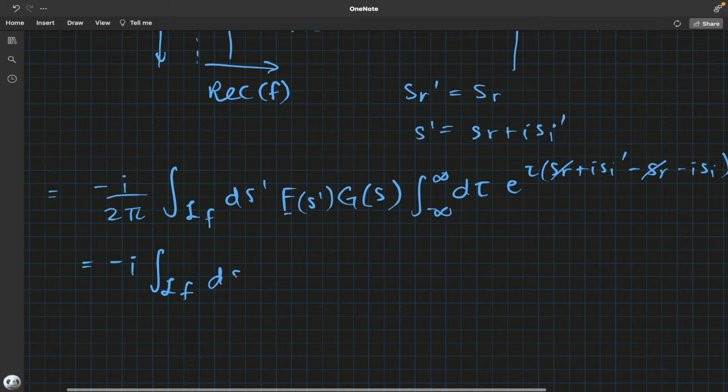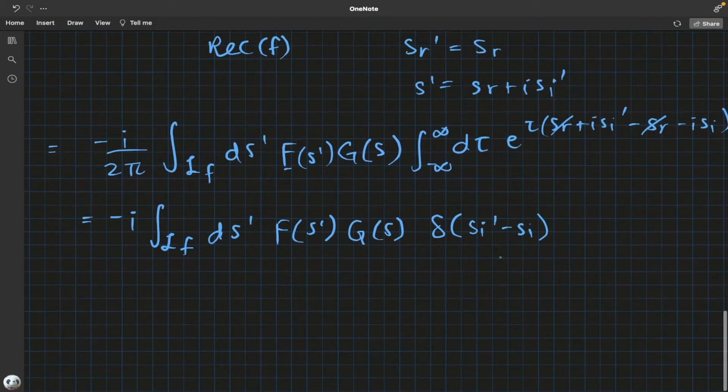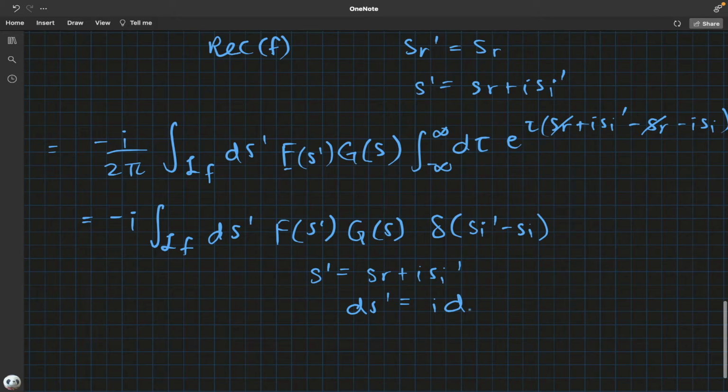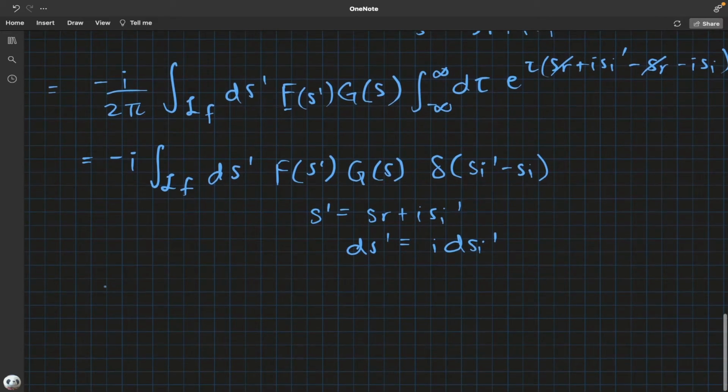I have this S prime, g of S, Dirac delta SI prime minus SI. And now if I parameterize along this path, S prime is SR plus i SI prime, ds prime is i dsi prime. Along the path we're going to go from minus infinity to infinity.